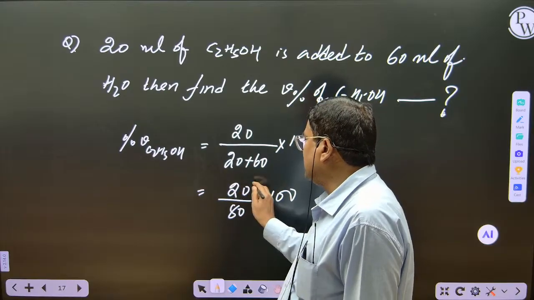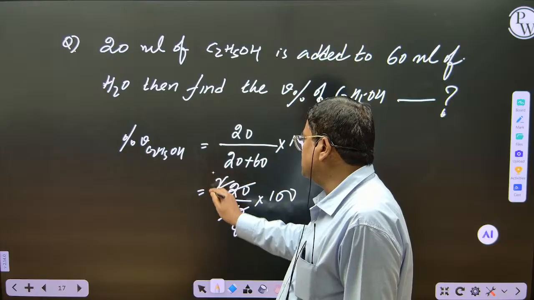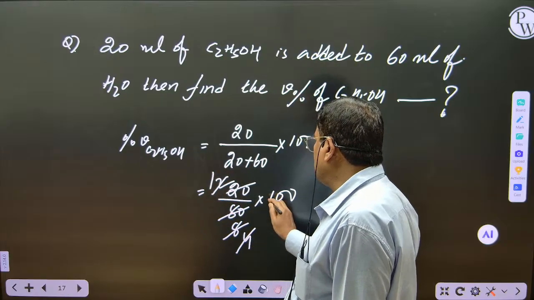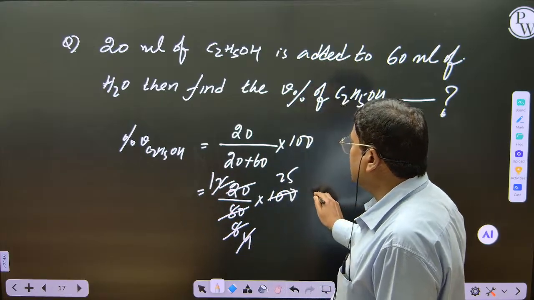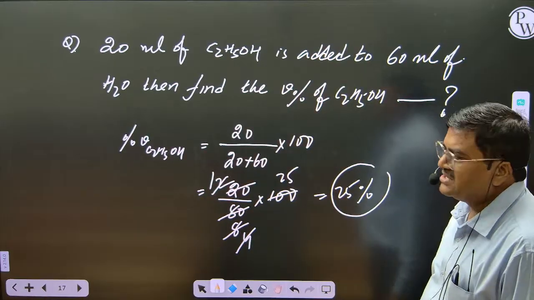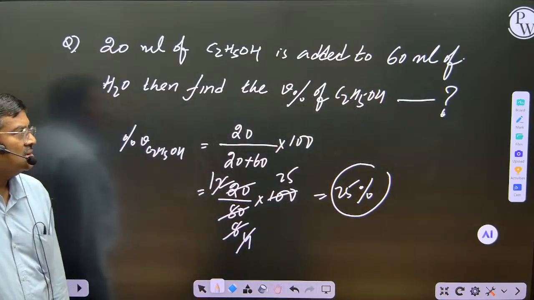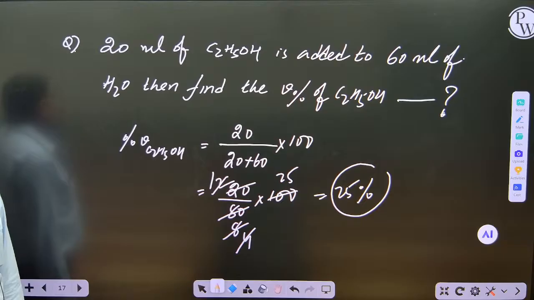Simplifying, 10 twos are 20, 10 eights are 80. Then 2 ones are 2, 2 fours are 8, 4 will cancel with 100 by 25. So what will be the percentage of ethyl alcohol in that? 25% of ethanol is present, no? So understood, this is volume percent.